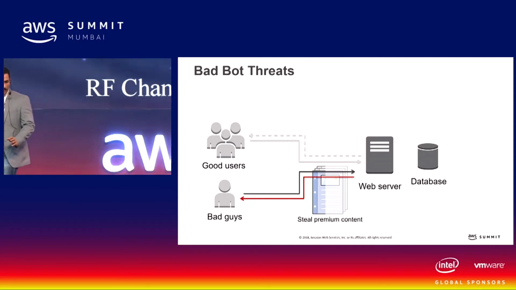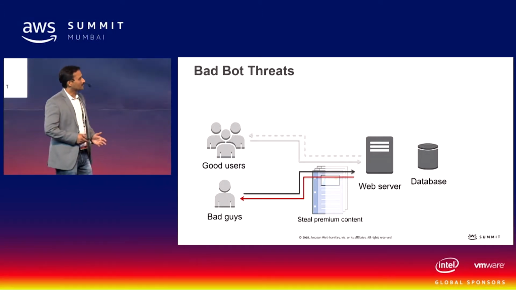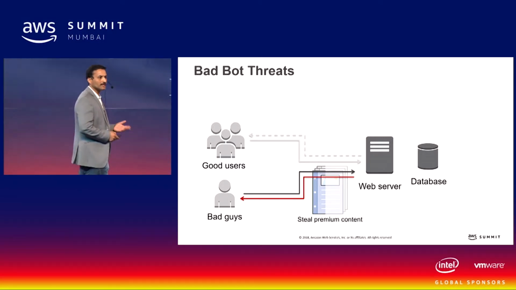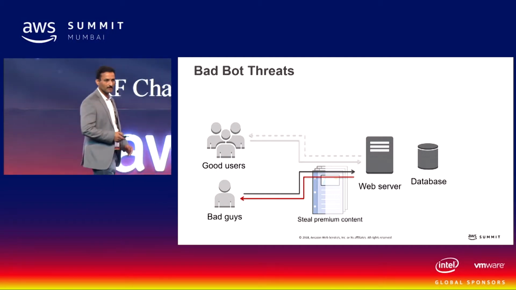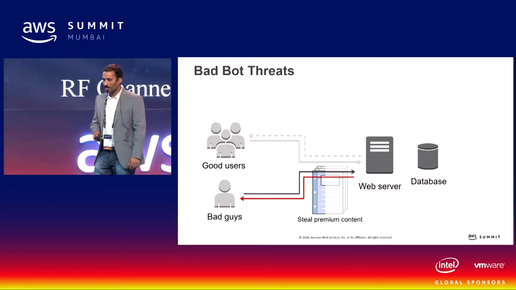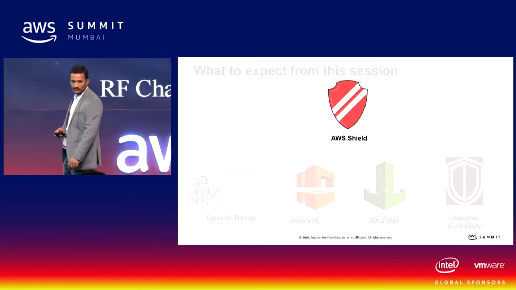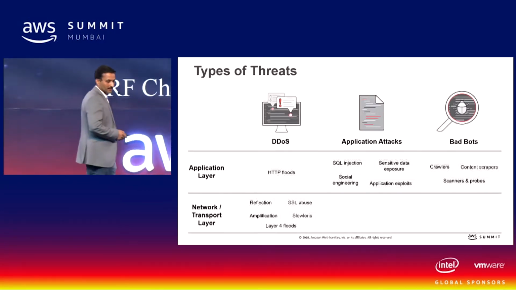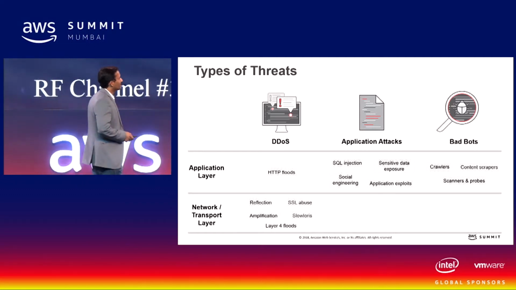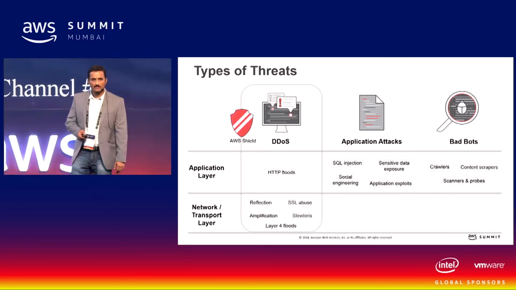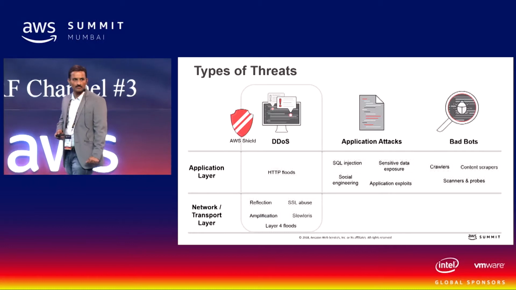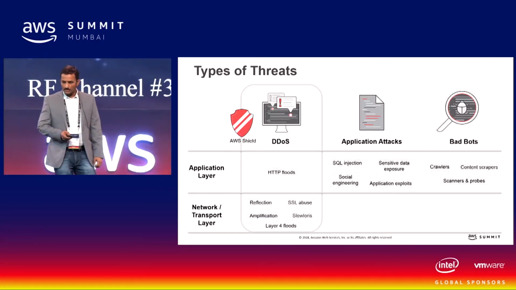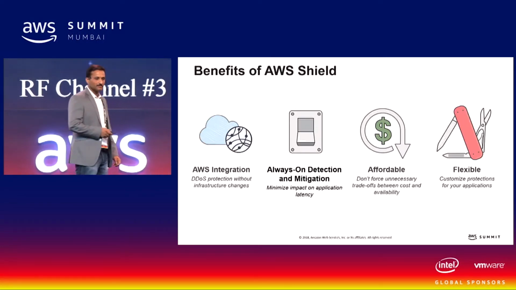So how can we protect web-facing applications using AWS services, right? There are a bunch of services which you can use, out of which we'll talk about AWS Shield first, which, if you look at where it lies, is on the DDoS, distributed denial of service, portion, right? So what exactly is AWS Shield?